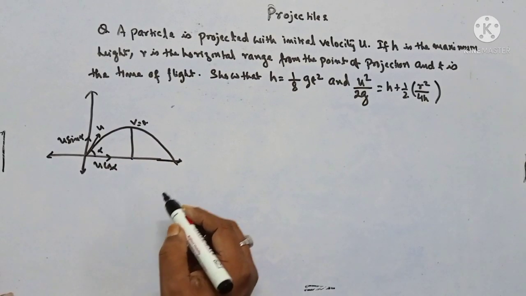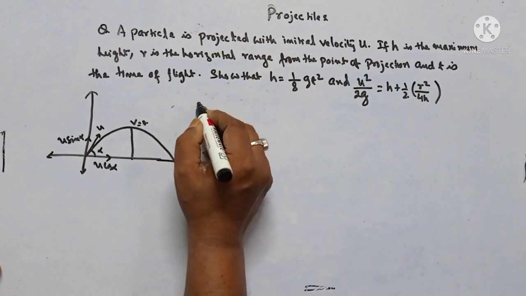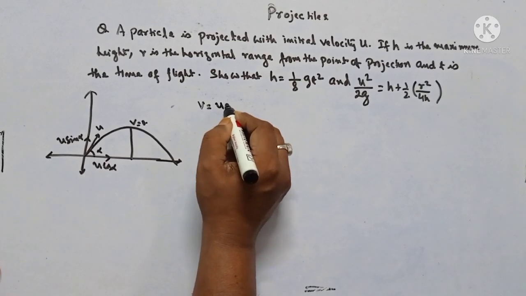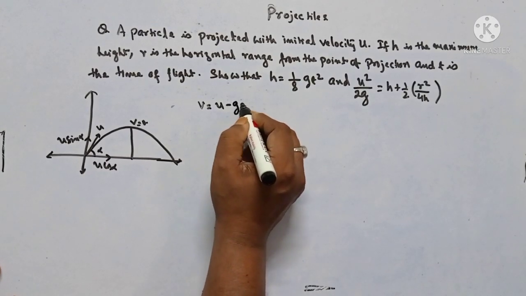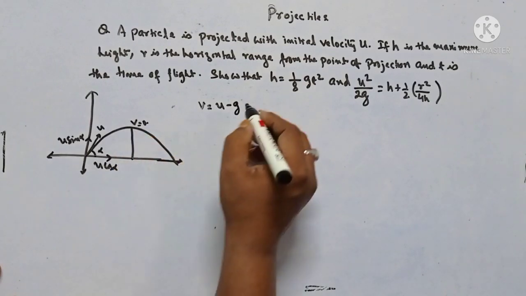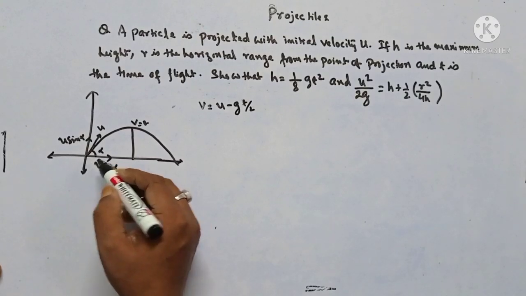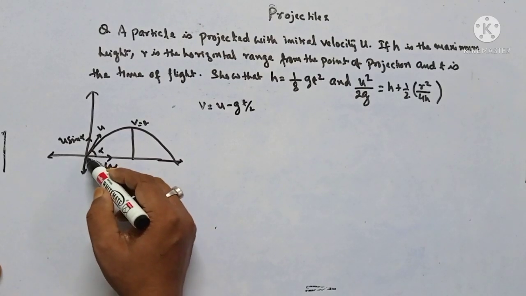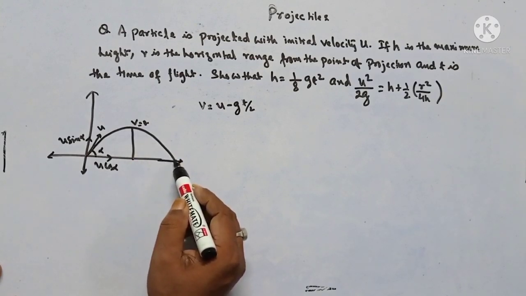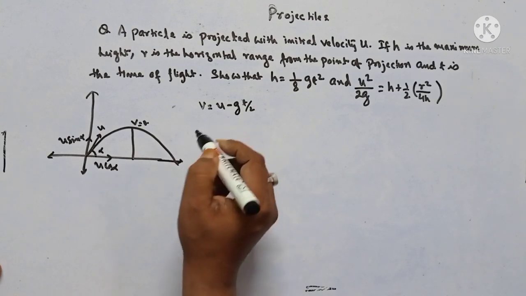Now here we know that v is equal to u plus at, that is u minus g, acceleration due to gravity. Time of flight is T, so here it will be T by 2, because in the projectile the time required to reach here is the same as the time required to reach the ground, so your time to reach the top will be half.